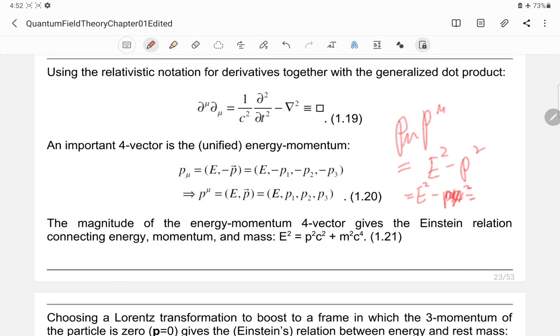The magnitude of the energy-momentum 4-vector gives the Einstein relation connecting energy, momentum, and mass. You can actually write this also as, if you set c equal to 1, E squared equals p squared plus m squared.